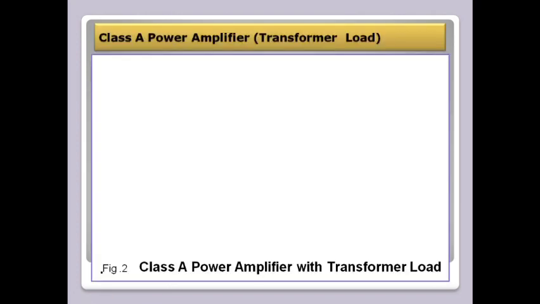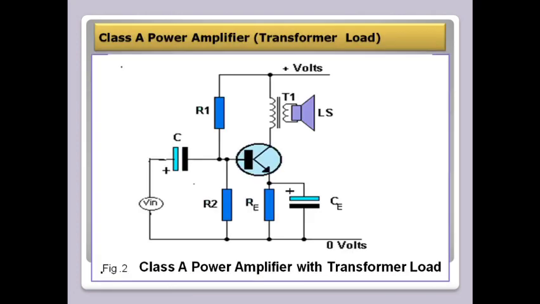If you observe the figure, the Class A amplifier with a resistor load and with a transformer load, the only change is that in place of the resistor, we have placed a transformer. The transformer primary will be on the collector side of the transistor, replacing the resistor.